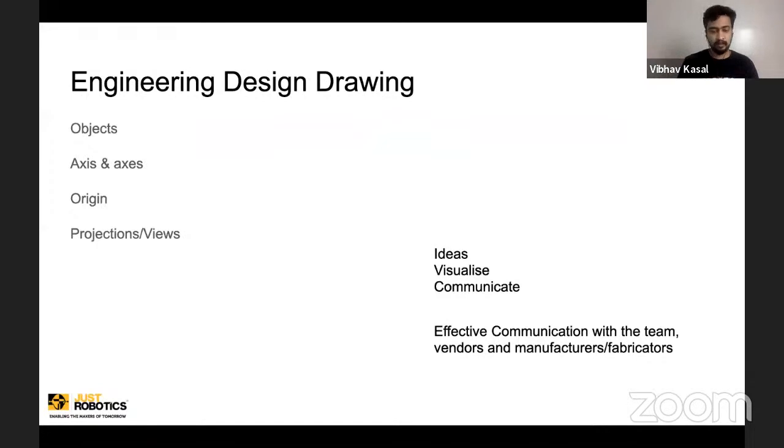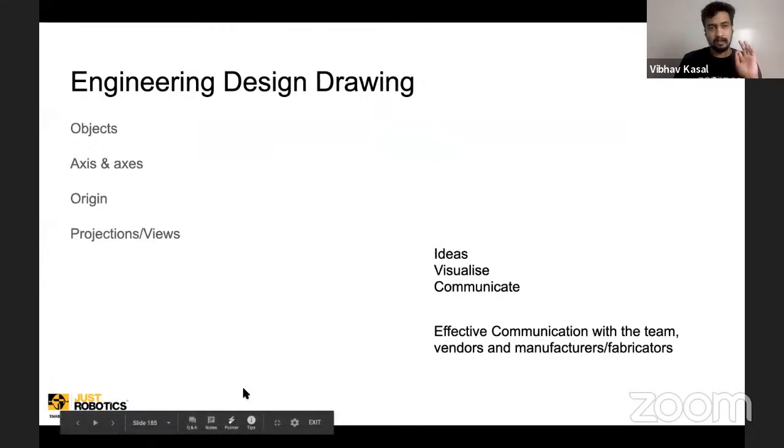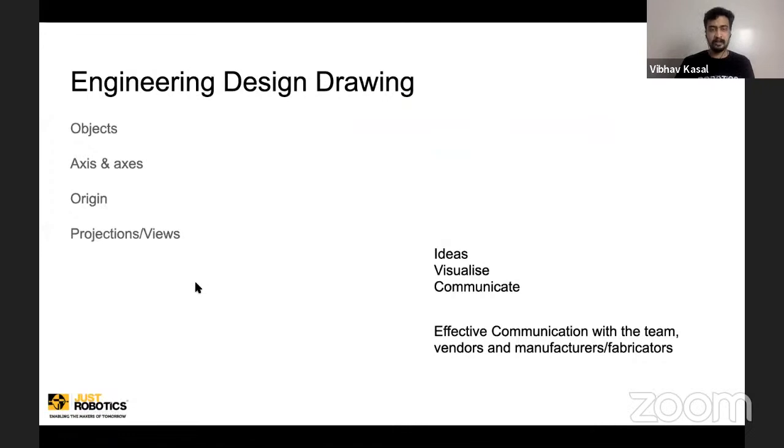The same thing. You have to ideate and then you have to visualize and then communicate. This is only possible with doing 3D design. If you are not willing to learn, at least you have to understand why this has been done. So when we are teaching the kids, that is why we tell.